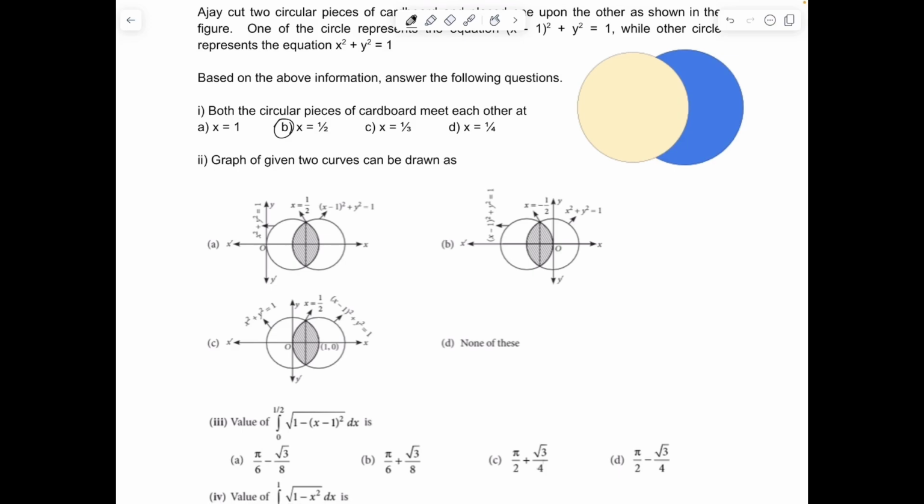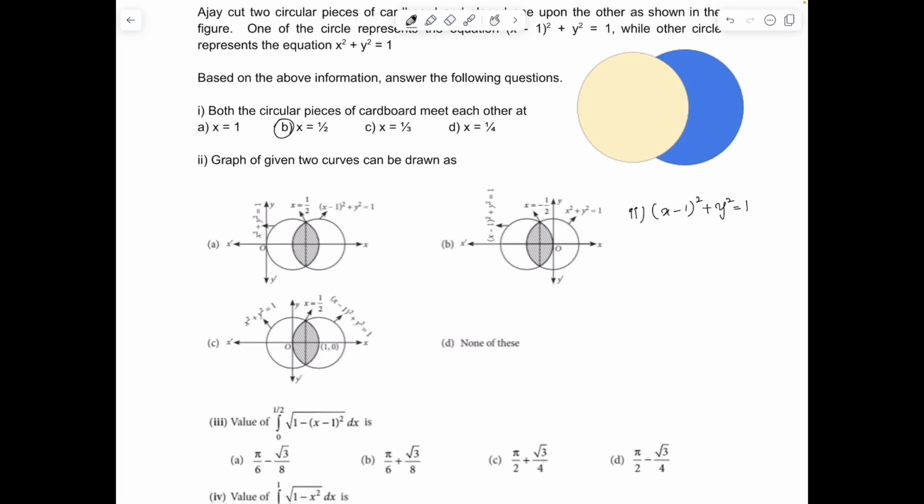Second subdivision: graph of the given two curves can be drawn as. The first equation is (x minus 1) the whole square plus y square is equal to 1.